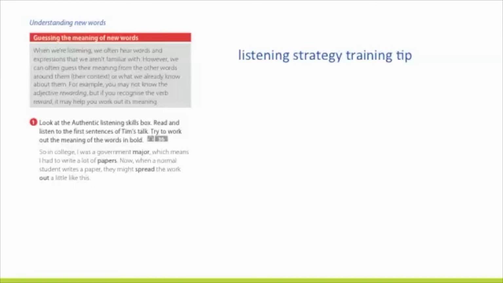We've got words like major, papers, and spread out here, used as examples, and the funny thing about those strategy training tips is that they'll be put into practice later in subsequent activities.